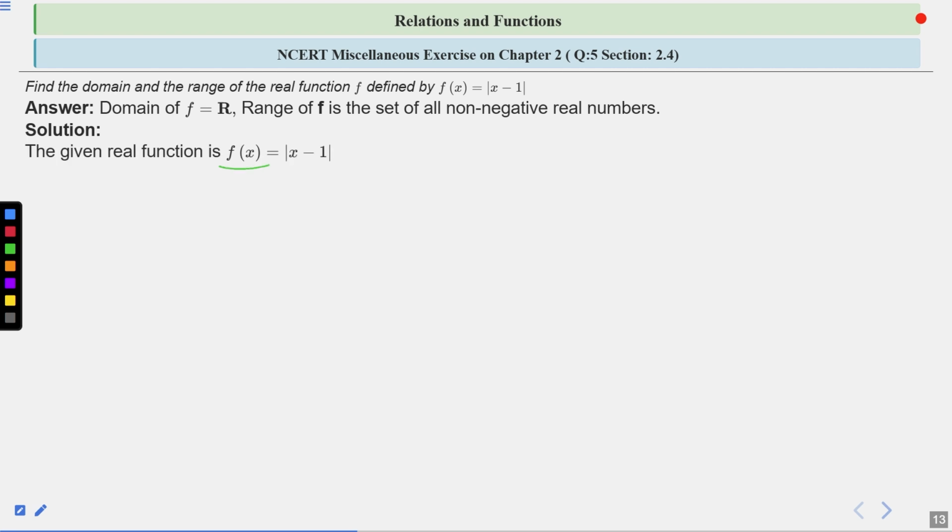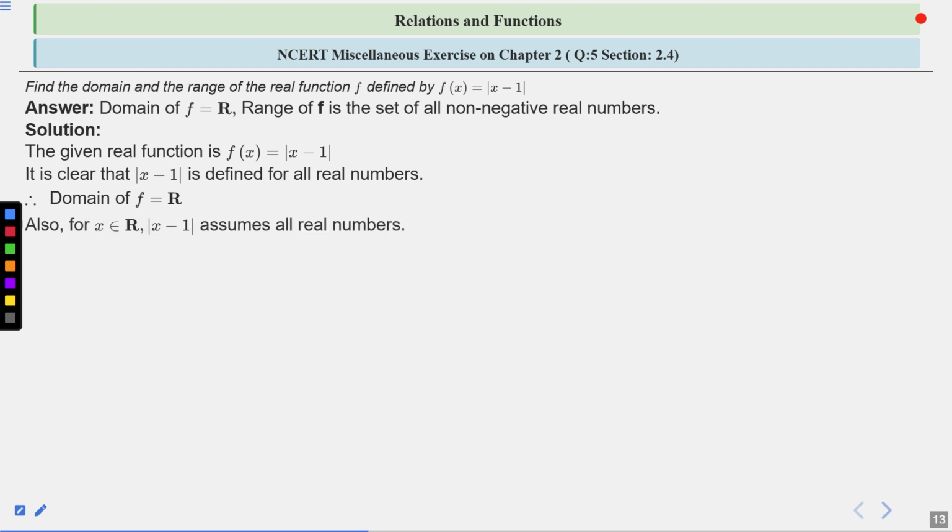First of all, f(x) is mod of x minus 1. It is clear that mod of x minus 1 is defined for all real numbers. You can use any real number here without any restriction. So the domain is going to be the complete set of reals.